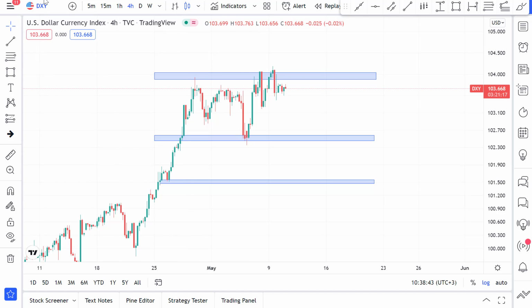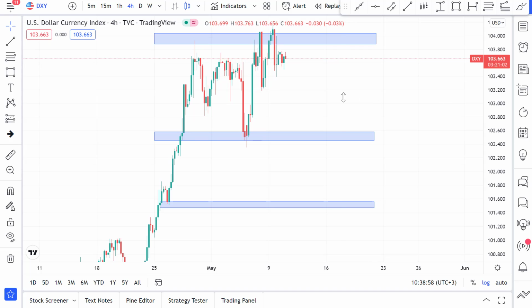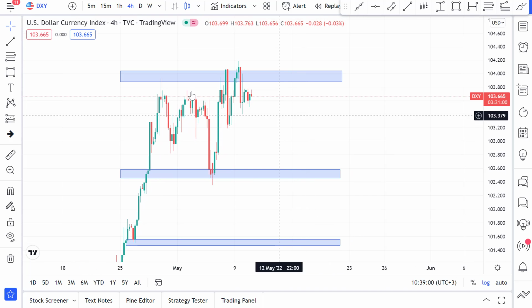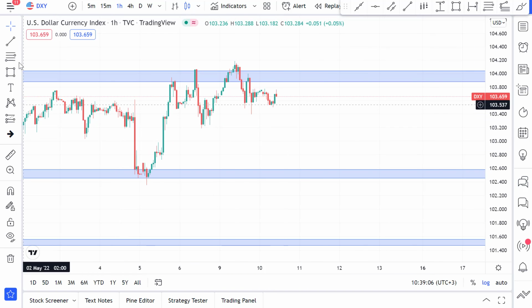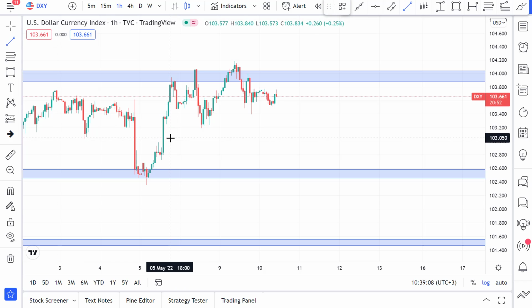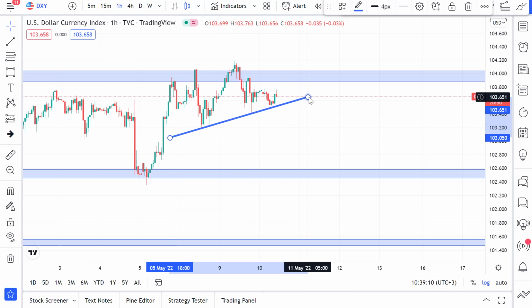What we see for DXY is something I told you before, that the price is moving between these two areas, and it shows that we have something like a trading range. But when you take a look at this in a more precise way, you see that these days the dollar was stronger and we had a trend line like this.